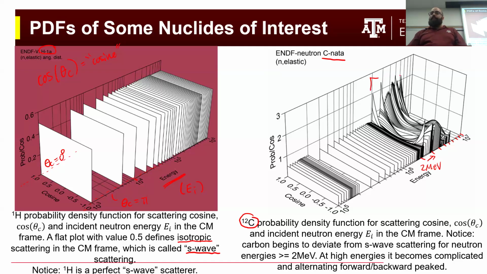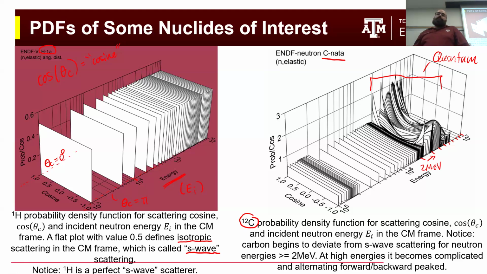So what's happening in this region is pretty complicated. This is all about lots of quantum effects. If you want to really understand why these plots look like that, you have to understand more about quantum mechanics than I do. But that's kind of what's going on here. But notice that this is really only happening at energies above 2 MeV, and most of our neutrons are not going to have that energy.